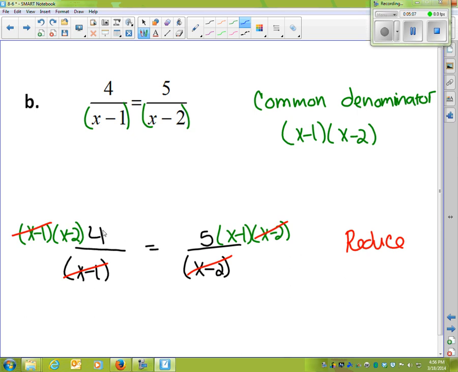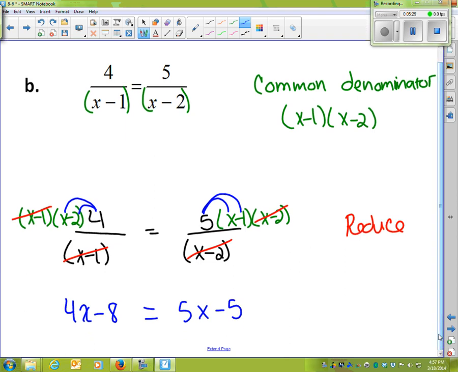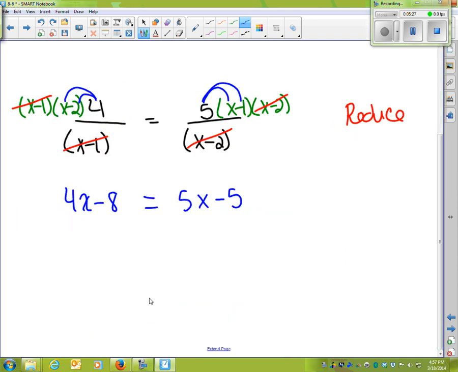So now I'm left with 4 times x minus 2. Distribute. So it's 4x minus 8. And 5 times x minus 1. Distribute. 5x minus 5. And solve your equation.